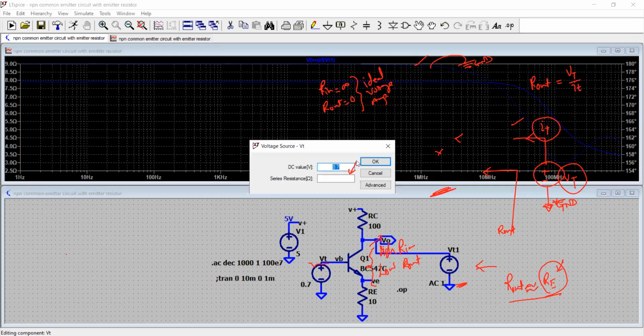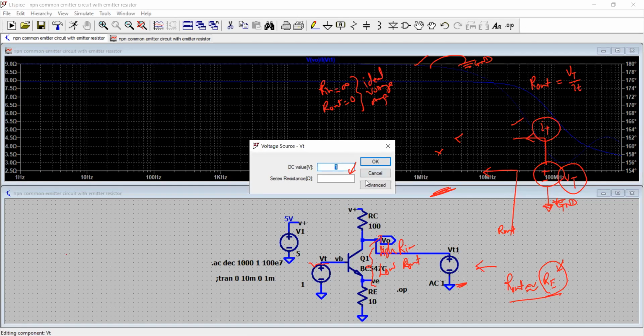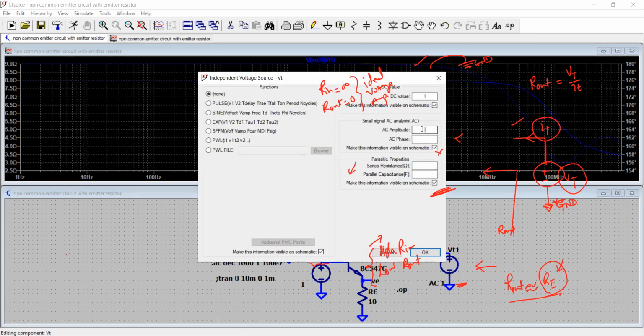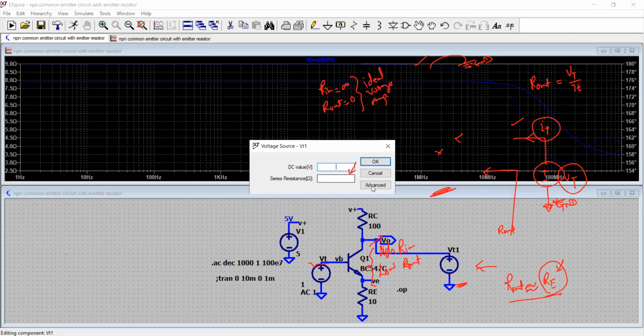Let's say I apply a 1 volt here, but then you need to use the AC voltage source here, right? Let us say the AC amplitude. Okay, and you don't need AC here, right? You just leave it like that, or just disconnect, or keep it 0 actually, because you don't have any circuit there.